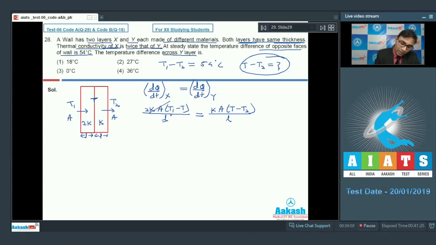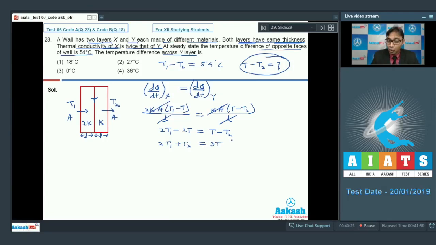So as you can see, KA by L will cancel out. So we can write 2T1 minus 2T will be equal to T minus T2. So we can write 2T1 plus T2 will be equal to 3T, right?